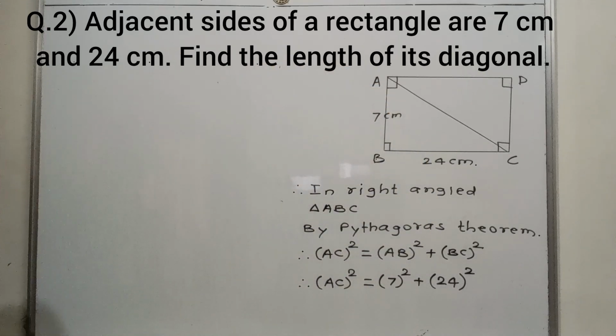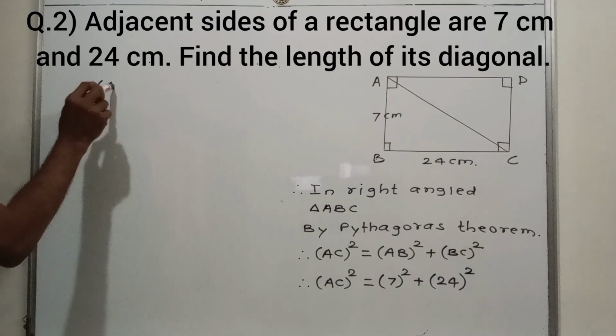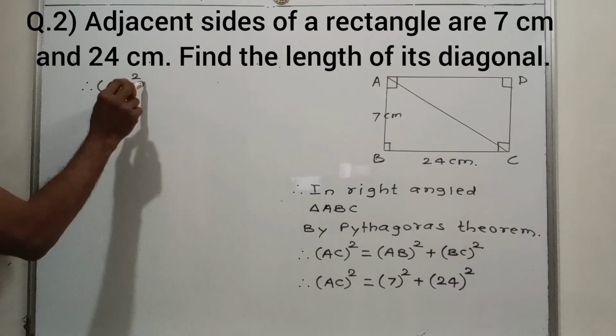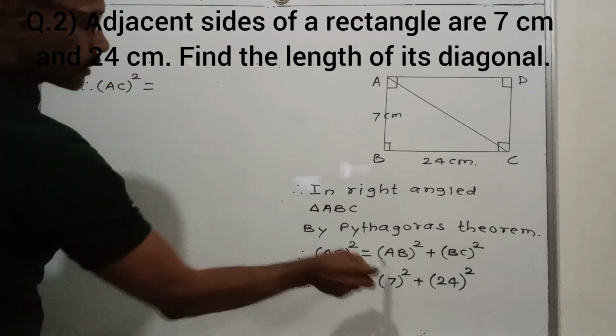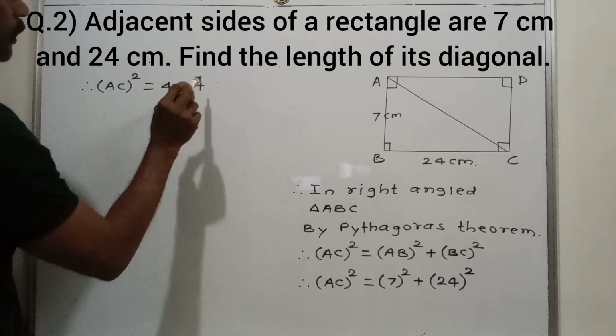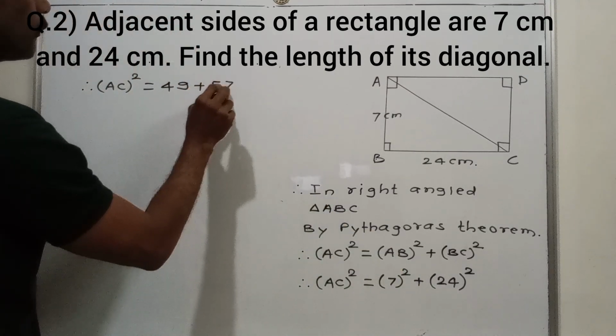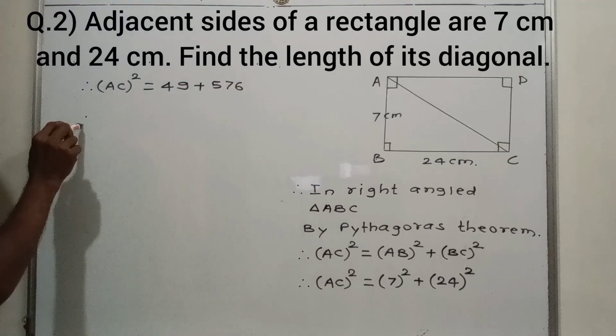Then after square, therefore AC square is equal to 7 square 49 plus 24 square 576.